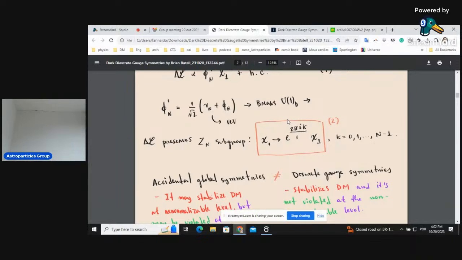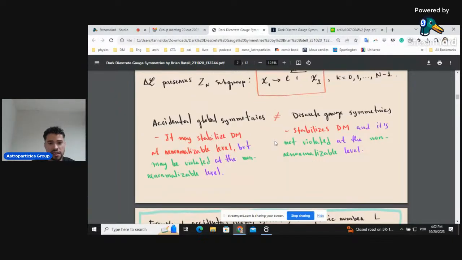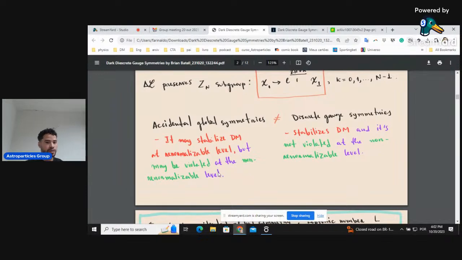The point is that Battle will argue that if I have an accidental discrete symmetry, it won't be conserved. That's exactly what I wrote in here. Actually, the last sentence you wrote in the... Exactly. So that's exactly the difference.